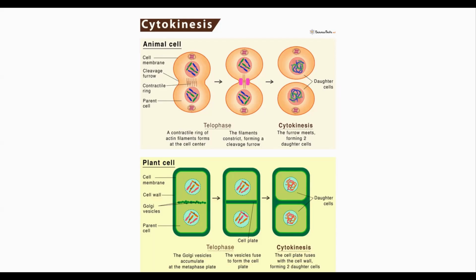In conclusion, understanding the difference between mitosis and cytokinesis reveals the elegance of cellular processes that sustain life, from the condensation of chromosomes in prophase to the formation of the cleavage furrow or cell plates during cytokinesis. These processes are vital for growth, development, and maintenance of all living organisms.